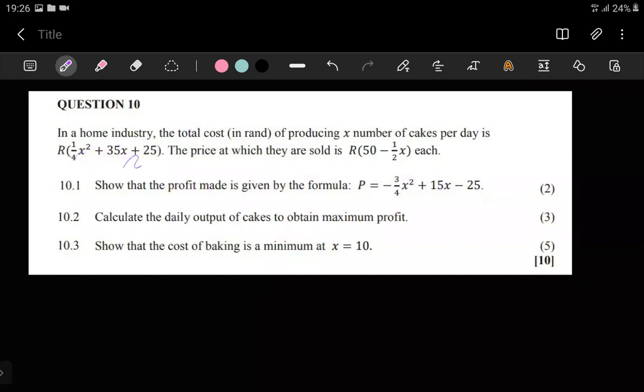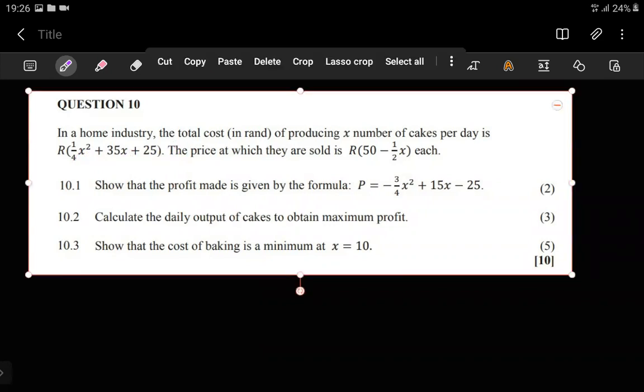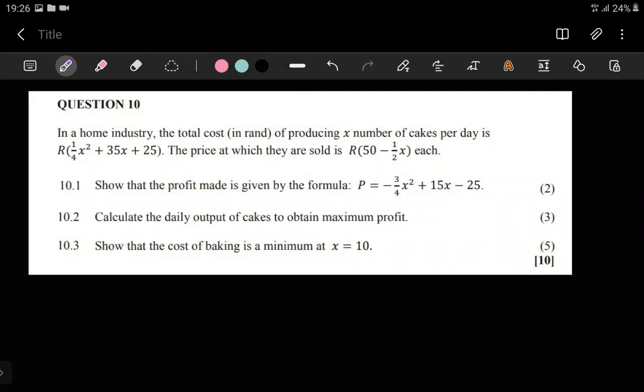Before we even carry on reading this question, the one thing we want to take note of is how this is actually a quadratic equation. It's a quadratic equation that has a smiling graph.